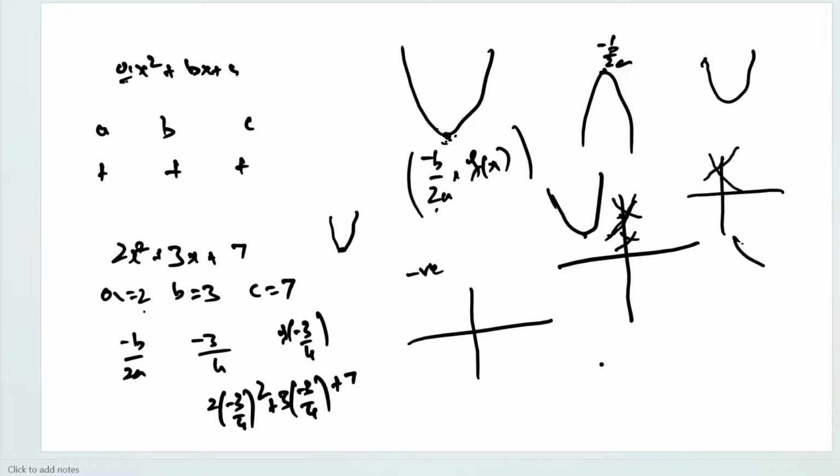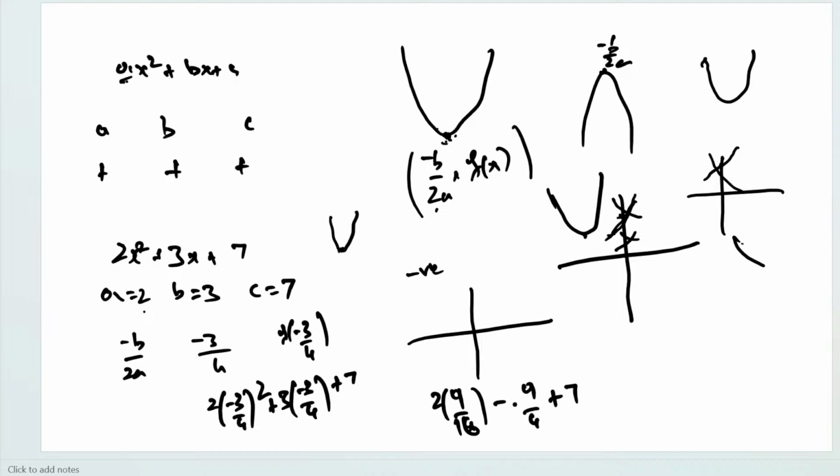This is equal to 2 into 9 by 16, minus 9 by 4 plus 7. Is this positive or negative?